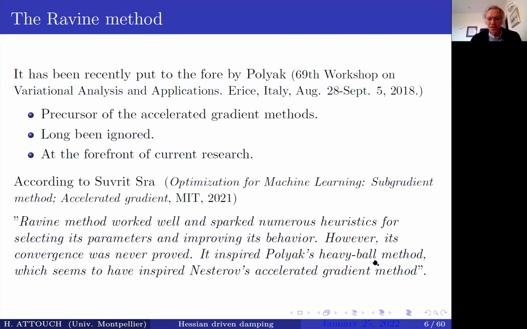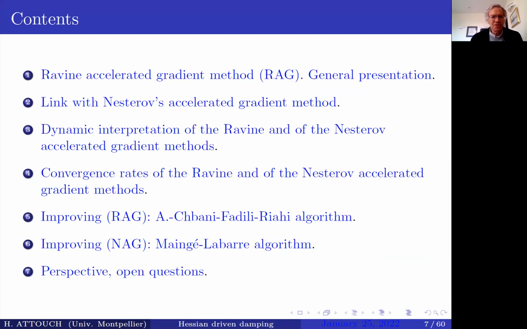It inspired Polyak's heavy ball method, which seems to have inspired Nesterov's accelerated gradient method. It was in 2021. So in this lecture, our ambition is to answer these questions. We are going to give answers to these questions. And in fact, most important, we are going to go beyond this method and propose new improved methods. So this is the content of the lecture. It's a 2 hours lecture.